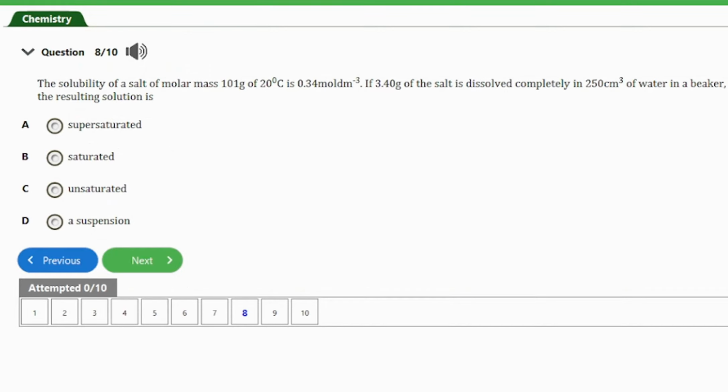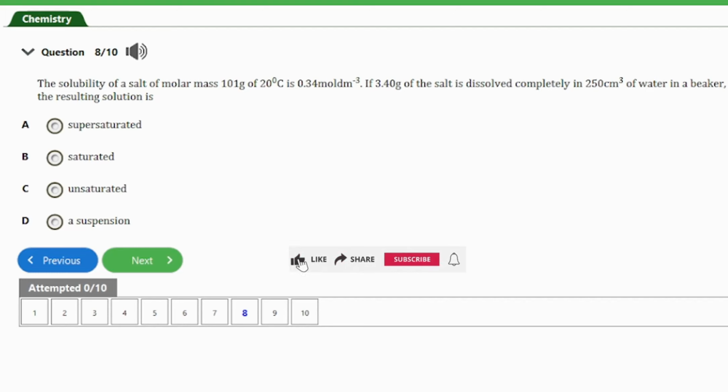So let's consider the next question, question number 8 here. It says the solubility of a salt of molar mass 101 grams at 20 degrees Celsius is 0.34 moles per dm cube.